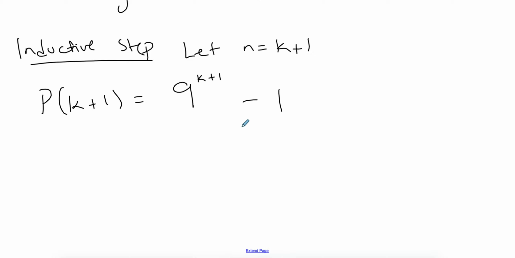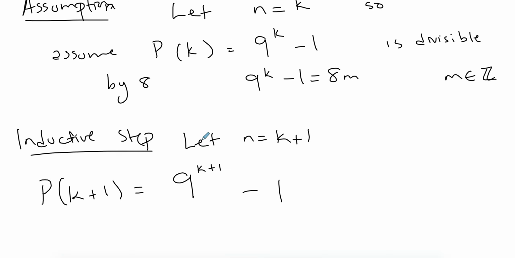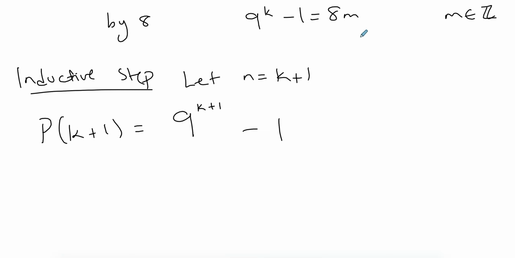Now, sometimes you can prove this without using your assumption, but remember, we want to use this assumption. We want it to fall nicely in there. Now, rewriting this would be 9^k times 9 minus 1. Now, looking here, it would be amazing if I could extract this 9^k and this minus 1 and just substitute 8m, but I can't.